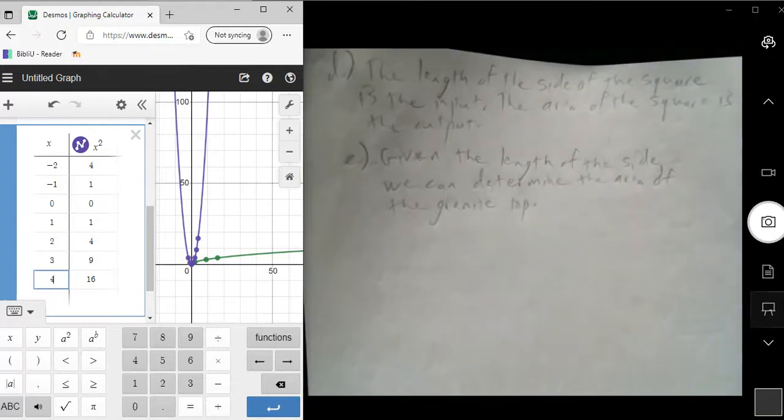So given the length of the side, we could determine the area of the granite top. So that's how it could be useful. So basically we are done, and if you all have any questions, feel free to ask at any time. Just let me know.